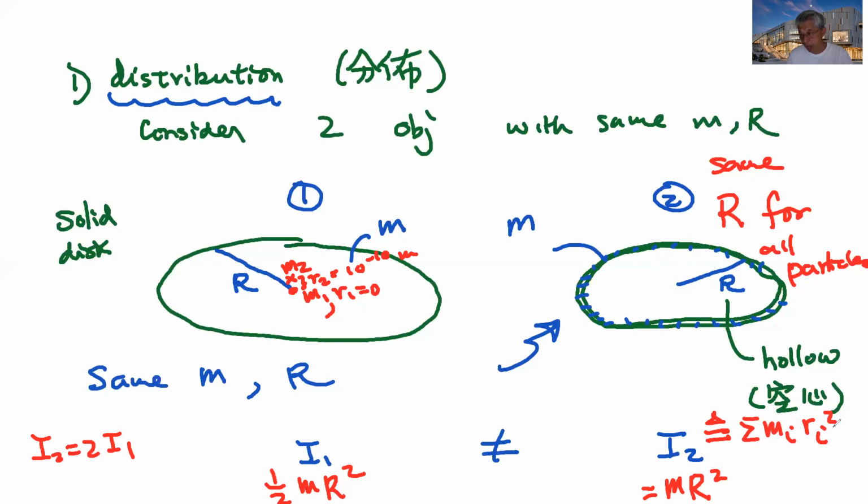But all the r_i are the same because every single particle has the same R. So the R squared comes out, and then the summation of m_i just gives you M. So it becomes MR squared. All right, so that's distribution. And let's think about the geometry.